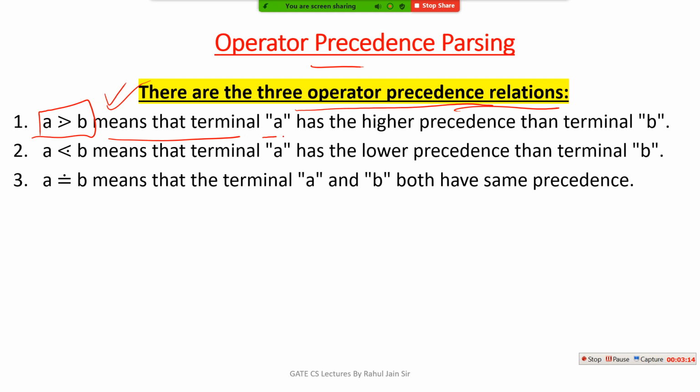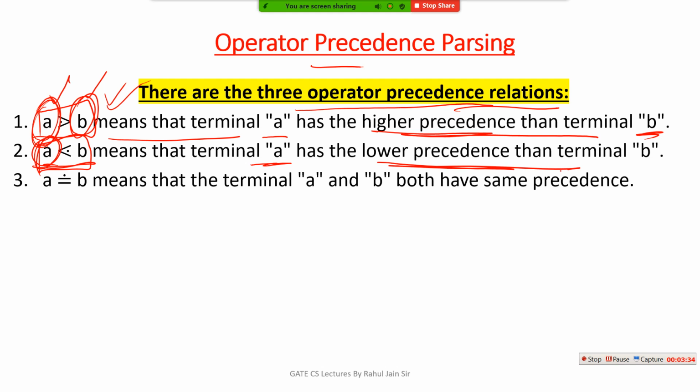It simply means that terminal A has higher precedence than terminal B. The second rule, A is less than B, means that terminal A has lower precedence than terminal B, so the precedence of terminal B is higher. And rule number 3: if this kind of symbol is observed in the grammar, you can assume that terminals A and B both have the same precedence.